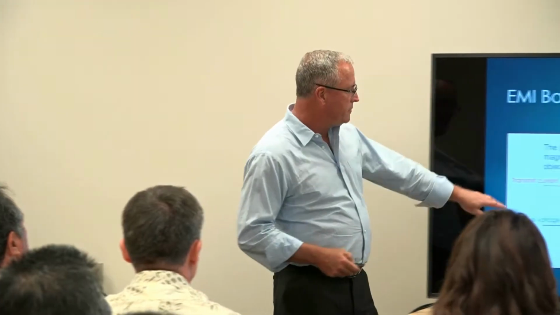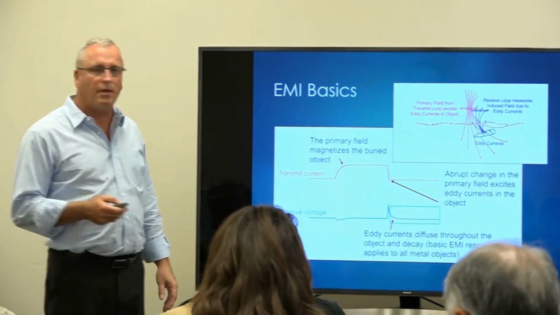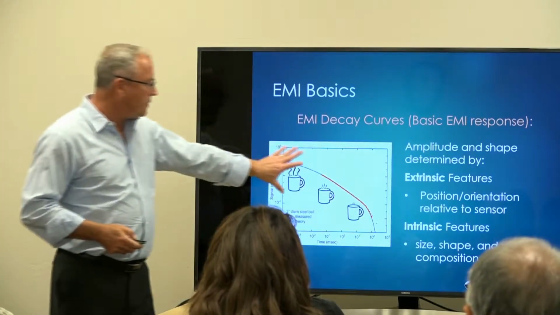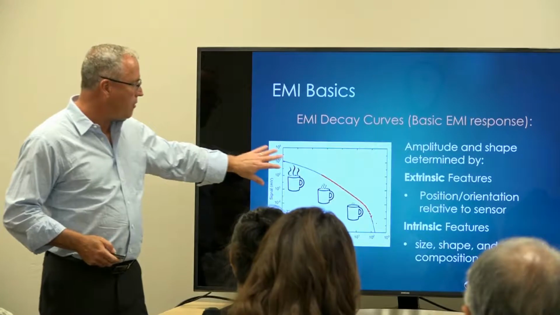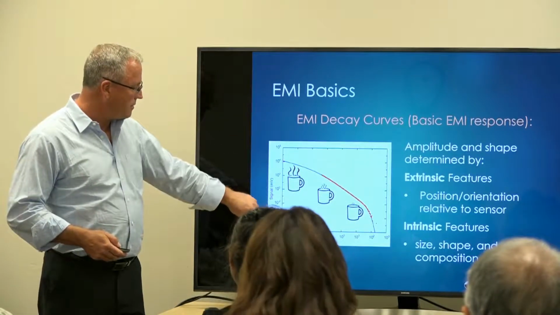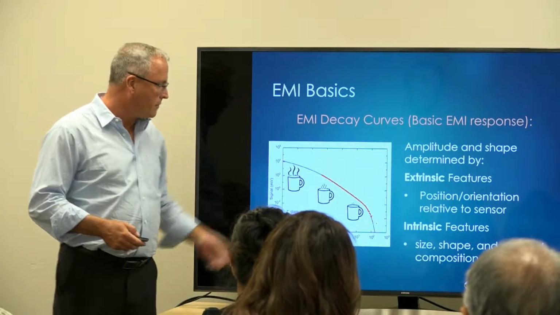So here, this green box is what we're interested in terms of measuring the EMI response. And so I have the same kind of area plotted here. It's a different scale. Because it decays so quickly, we use a log scale for the vertical axis.